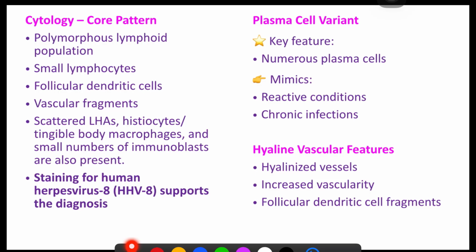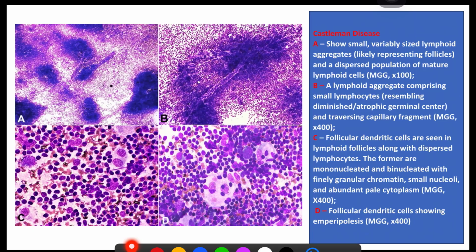Plasma cell variant, as the name suggests, has numerous plasma cells as the key feature. It mimics reactive conditions and chronic infection. In hyaline vascular variant, there are increased hyalinized vessels, and follicular dendritic cell fragments are seen.